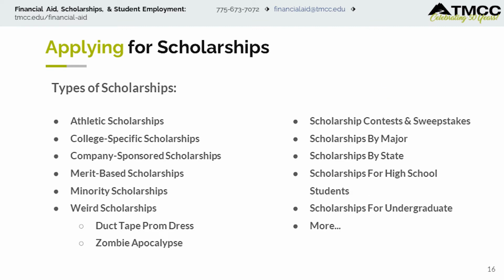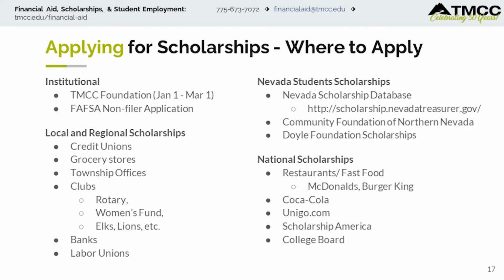There are scholarships out there for all types of categories, activities, and characteristics. Here are a few of the most common. Athletic scholarships, merit-based scholarships, minority scholarships, scholarships by declared major, and even weird scholarships, such as creating a duct tape prom dress or writing about the zombie apocalypse.